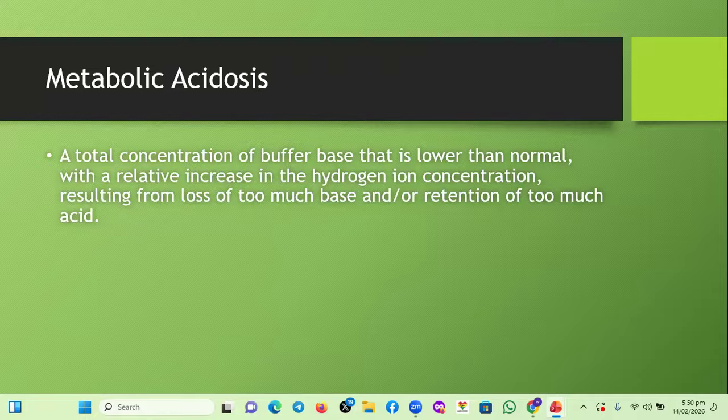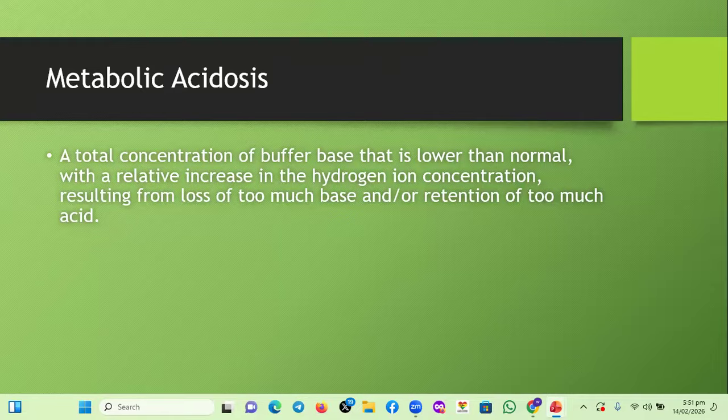If it is not a respiratory problem, then it is metabolic, whether a GI problem is causing it or it is medication.